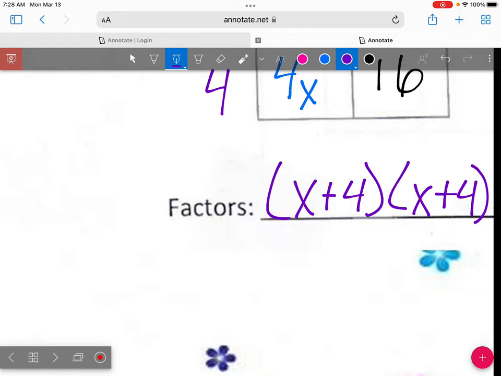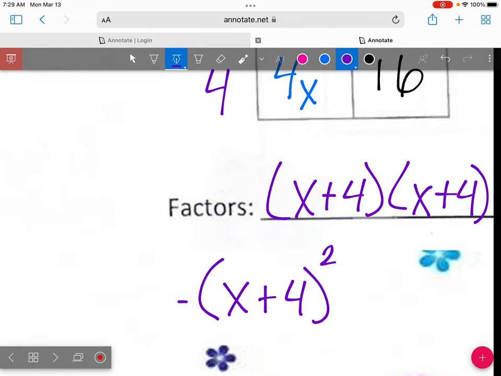What's another way I could write that? Yes. X plus 4 squared. Those two things mean the same thing.